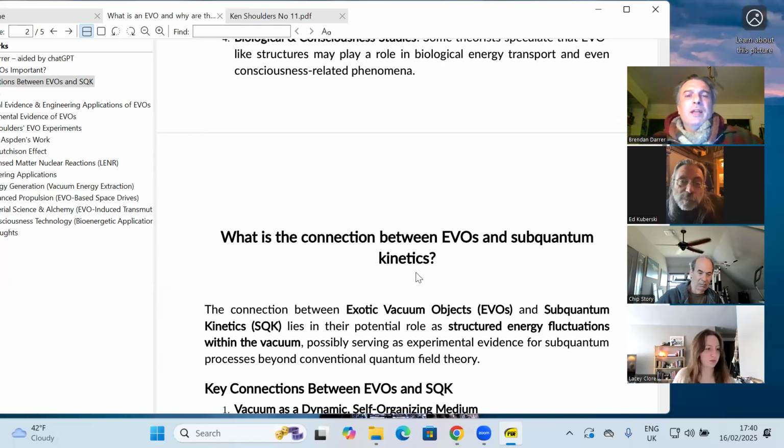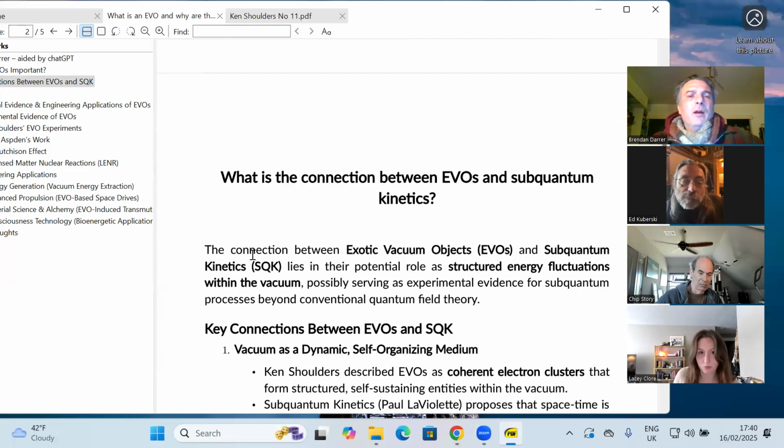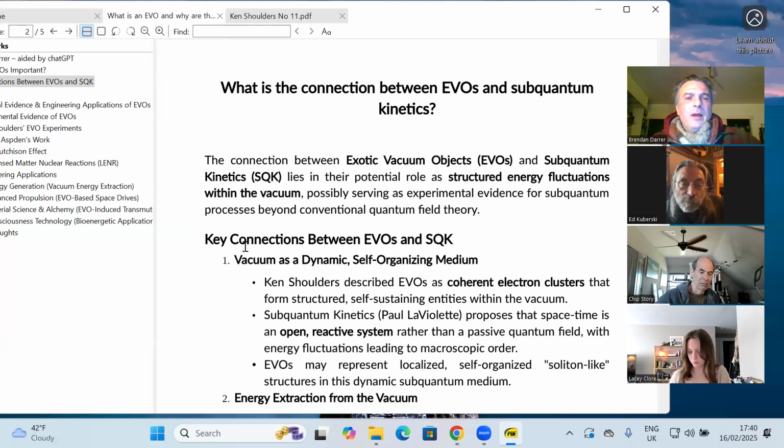What is the connection between EVOs and subquantum kinetics? The connection lies in their potential role as structured energy fluctuations within the vacuum, possibly serving as experimental evidence for subquantum processes beyond conventional quantum field theory. Key connections between EVOs and SQK. Number one, vacuum as a dynamic self-organizing medium.